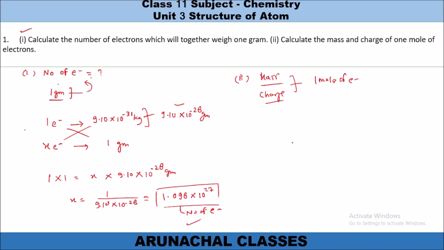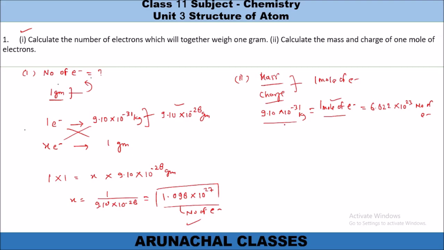We have the point of relation that 1 mole of electron will be having 6.022 multiplied with 10 power 23 number of electrons, and this will be equal to the mass of electron, that is 9.10 into 10 power minus 31 kg.